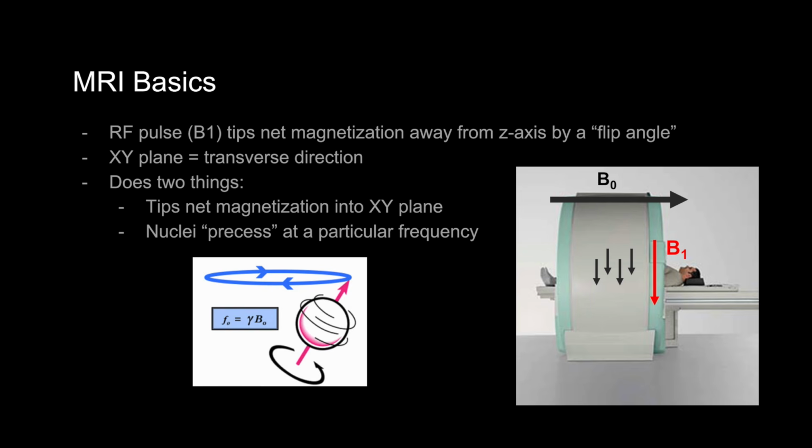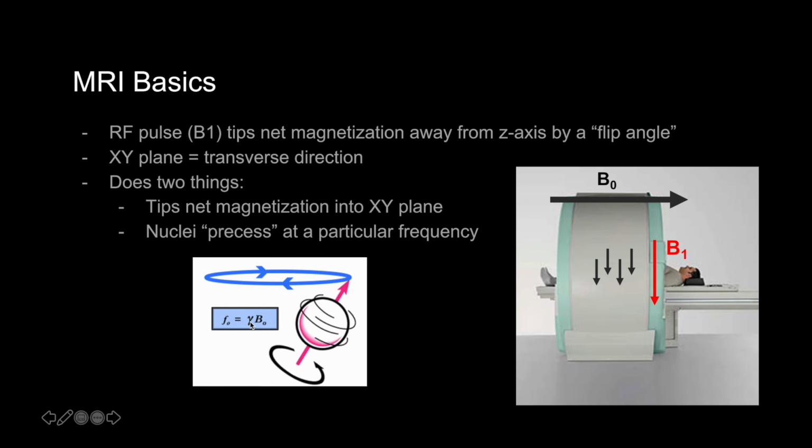The particular frequency that protons precess at is called the Larmor frequency, which is calculated by this Larmor equation. The equation says that the frequency here, F, is determined by the magnetic field, or B0 here. The stronger the magnetic field, the faster it precesses in sync after the RF pulse.